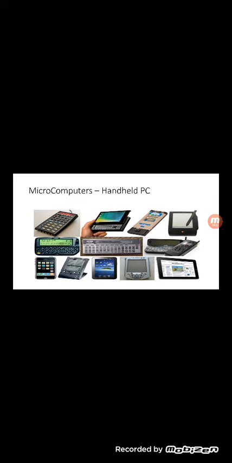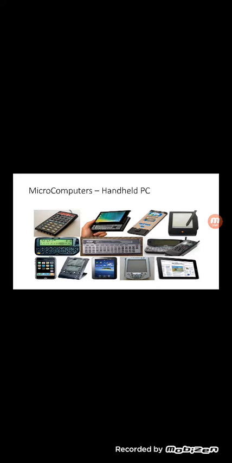Now handheld PCs. In handheld PCs you can see that there is a keyboard also, and a metal stick is also there. It is also called palmtop computer or personal digital assistant. I told you that it works as a reminder for you, just like you can keep track of your appointments, any birthday reminder or other things.